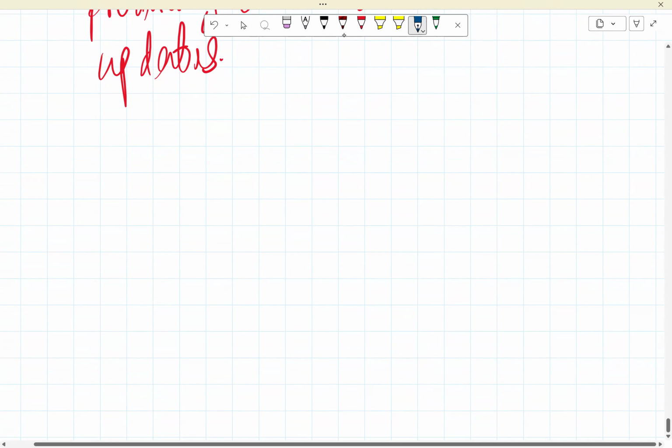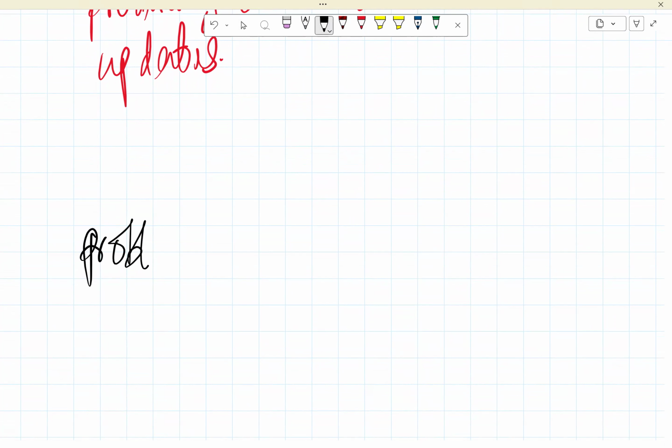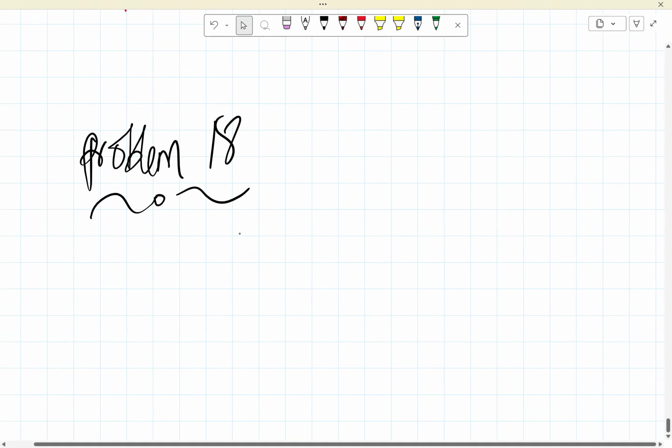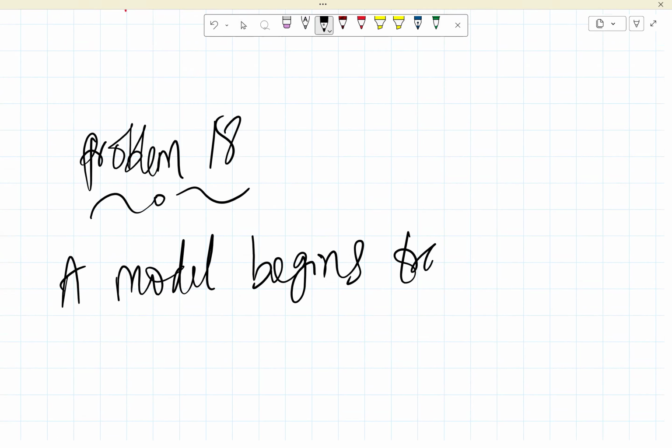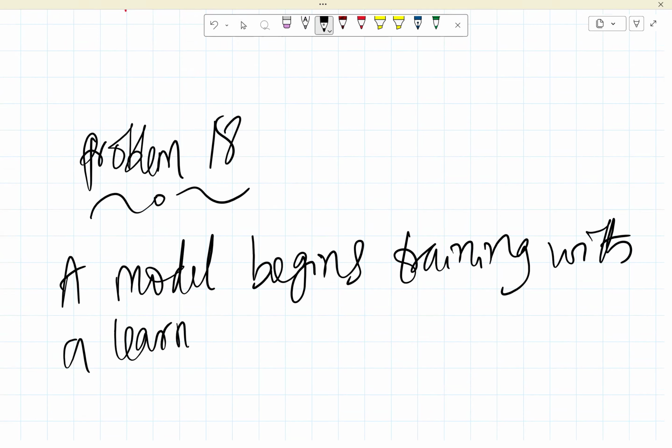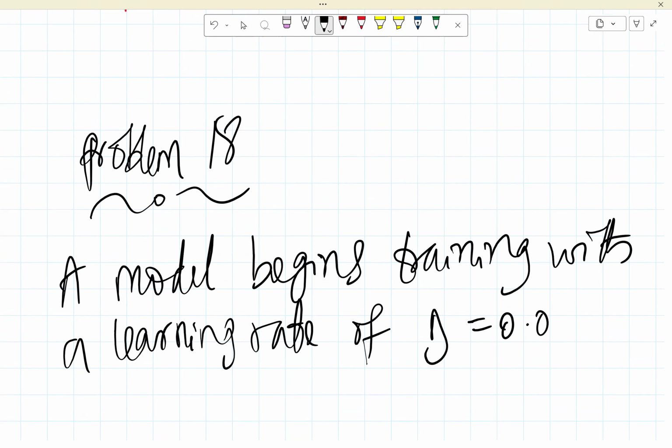So we go on to problem 18. A model begins training with a learning rate of eta equals 0.02.